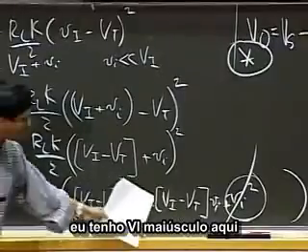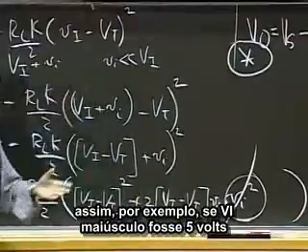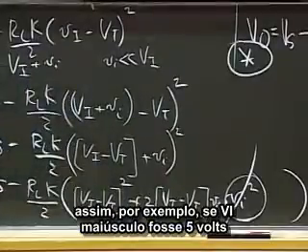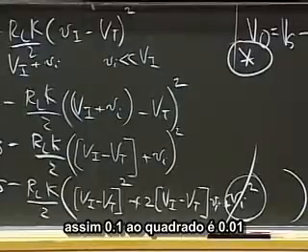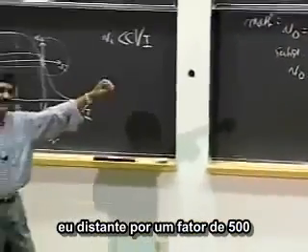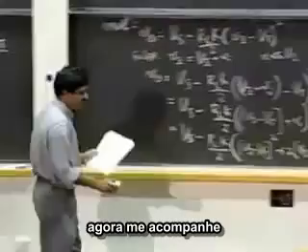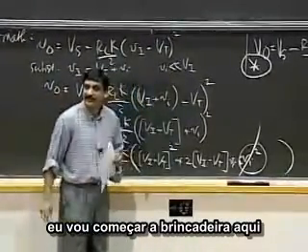For example, if capital Vi was 5 volts and small vi was 100 millivolts, 0.1, then 0.1 squared is 0.01, so it's comparing 0.01 to 5. I'm off by a factor of 500. Now I begin playing some fun and games here.